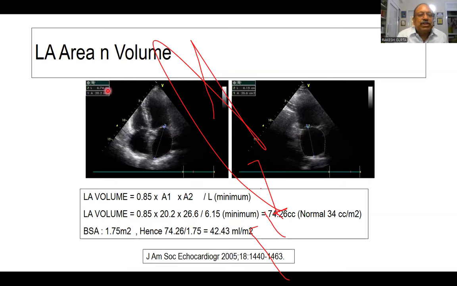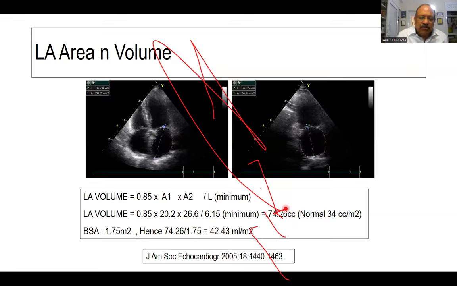Now look at this picture. This 6.74 is this length. This 6.15 is this length. And we divide this formula, 0.85 into area 1 into area 2, by the shorter of these two lengths. And we get the absolute LA volume.